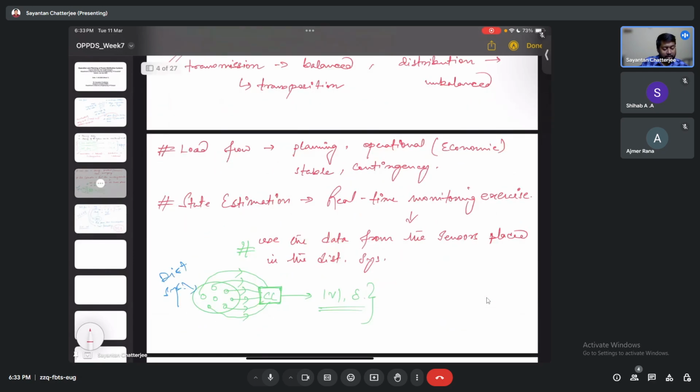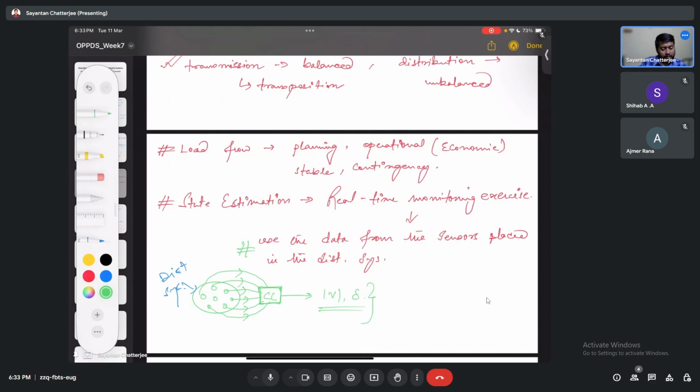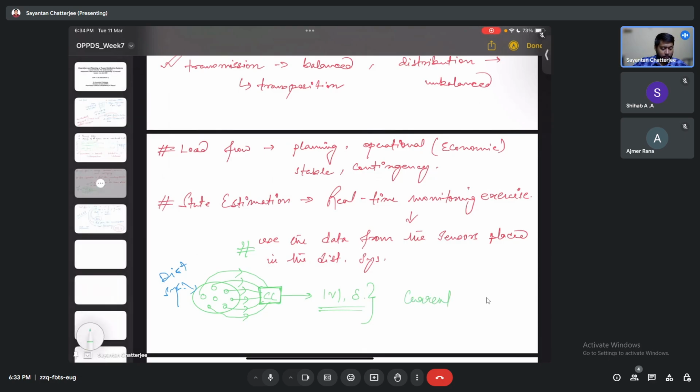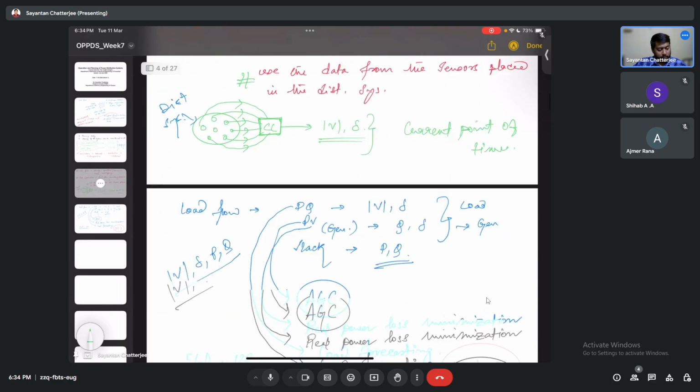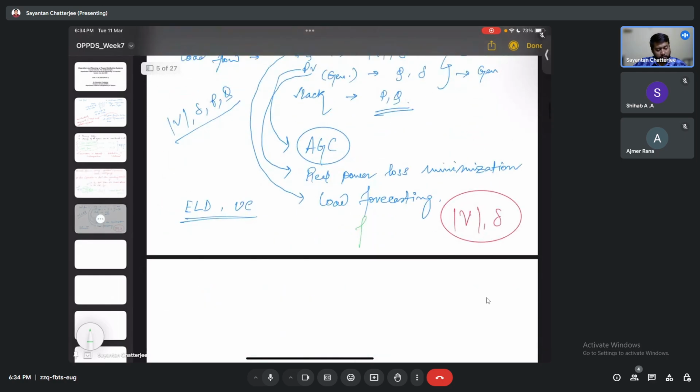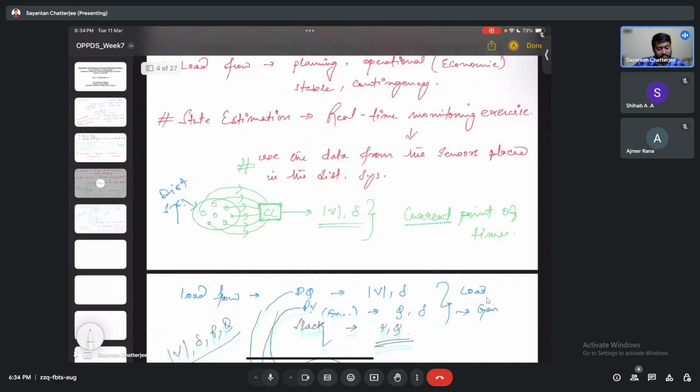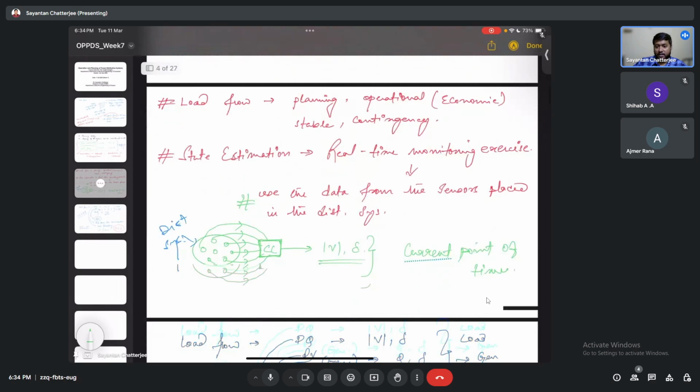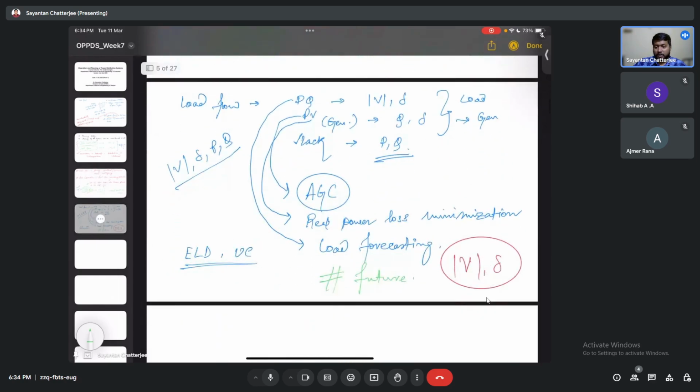And the V and delta we obtain from state estimation will help us prepare for the current scenario, for the current point of time. This is mostly for planning the future. That's the basic difference. Load flow is not a real-time exercise. State estimation is a real-time exercise.